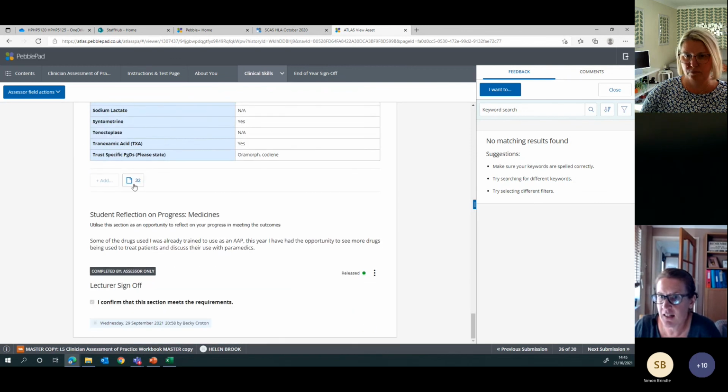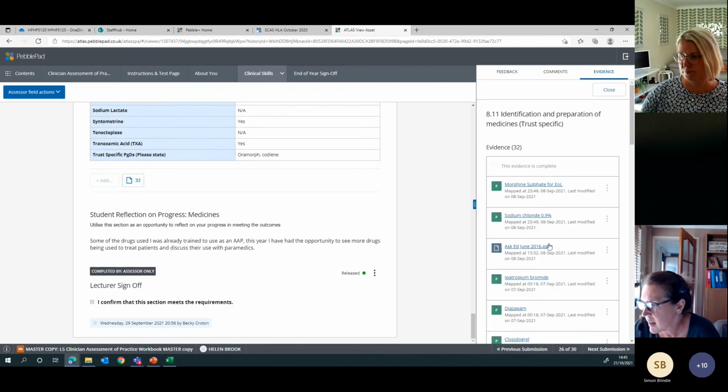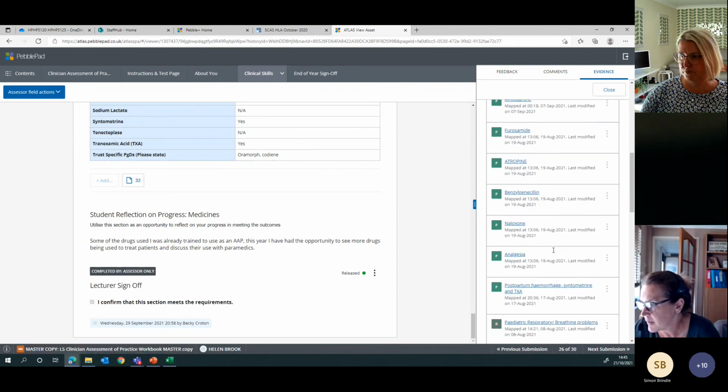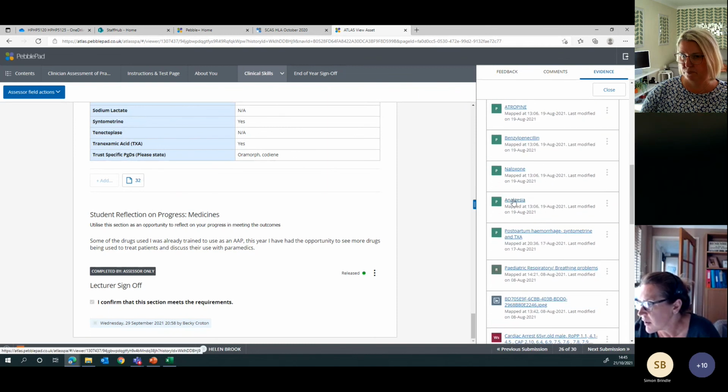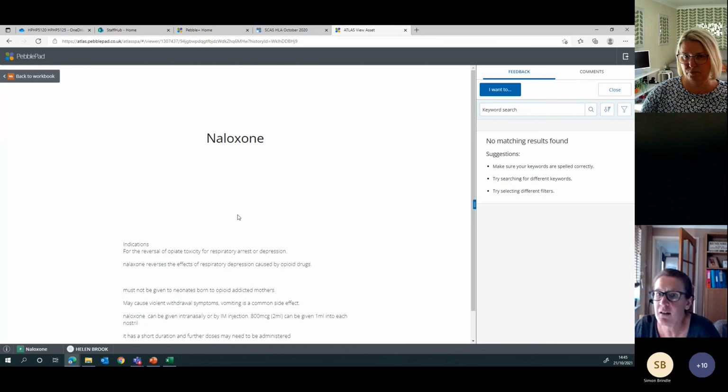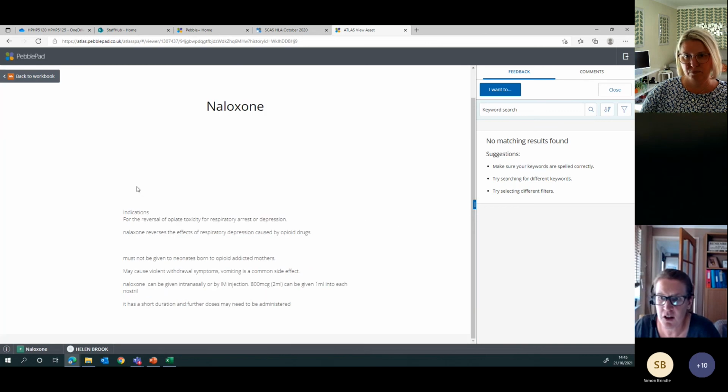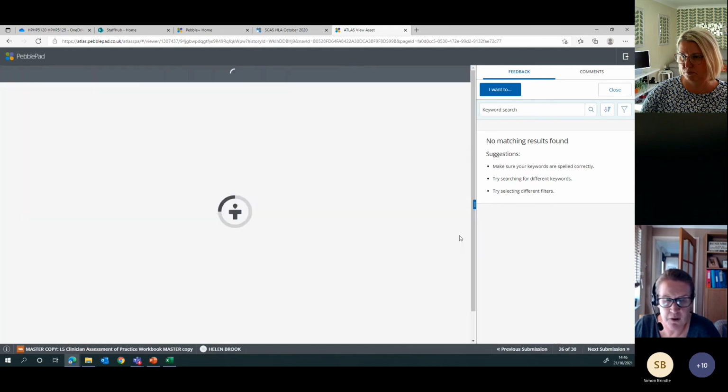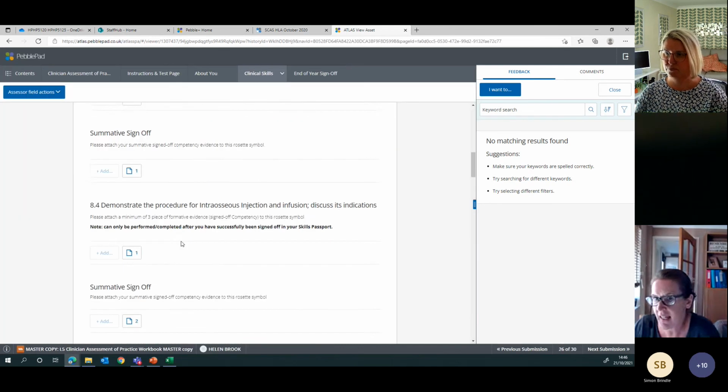Other ones that she has looked at, I'm trying to think, was the naloxone here. So she's just done a write-up here of considerations, indications, and done a little bit of her own study around that medication.